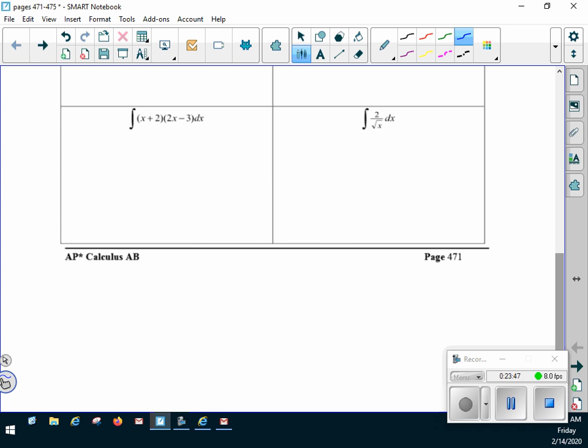That is not a polynomial. I can make it kind of look like one, though, by doing what? 2x to the negative 1/2. So we're going to do a rewrite. 2x to the negative 1/2 dx.